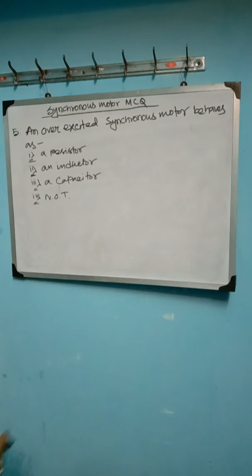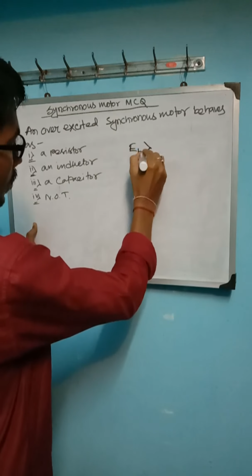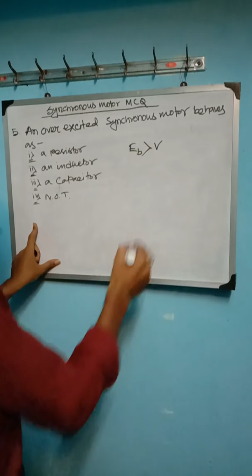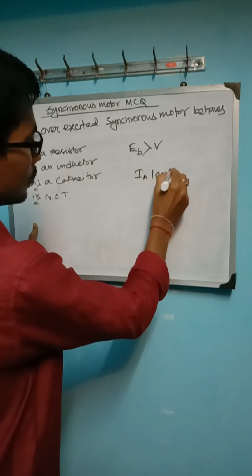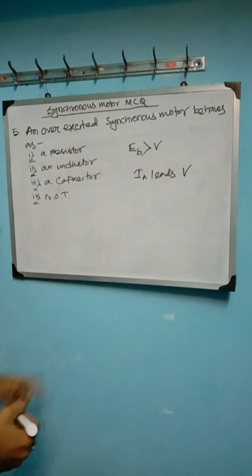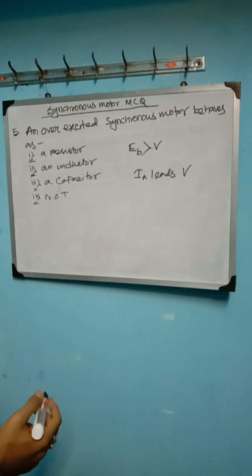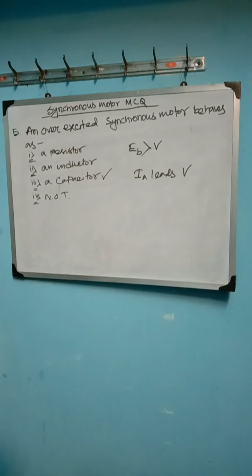So in the case of overexcited, the back EMF Eb is greater than V, and the armature current IA leads the terminal voltage V. So in the case of overexcited, the synchronous motor behaves like a capacitor. So here the answer will be a capacitor.